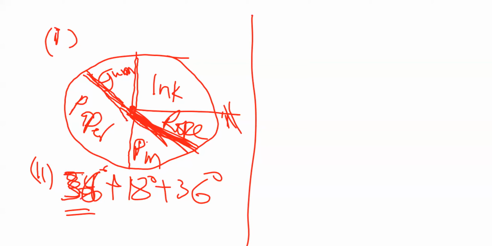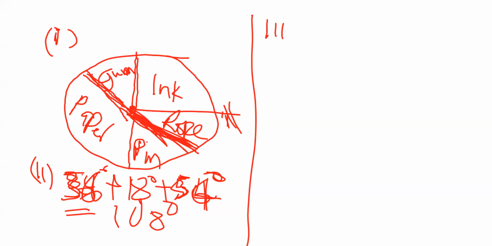Gum is 18. Pin is 54. So 36 plus 18 plus 54. What is the result? 108. Good. So that's the answer for that one.